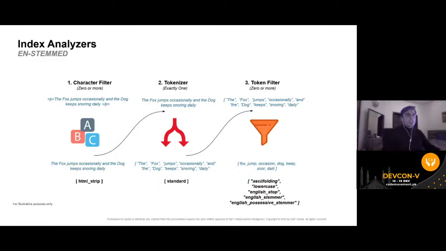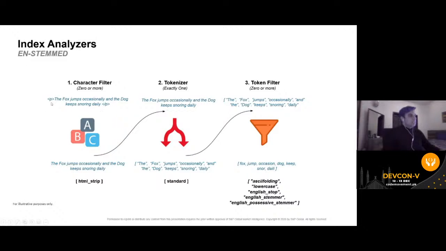For example, occasionally will be converted into occasion. Keeps would be converted into keep. Basically, it converts all the derived words into their root forms, and it's algorithmic in nature. It's not dictionary based. There are dictionary based stemmers available as well, but in this example we are using algorithm based stemmers, which essentially convert words into their root forms.